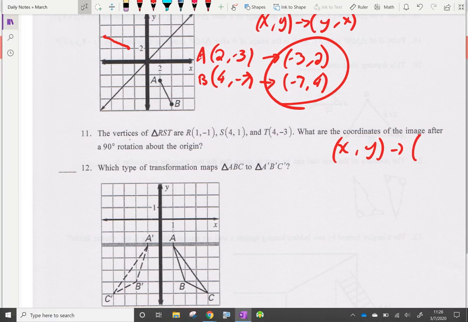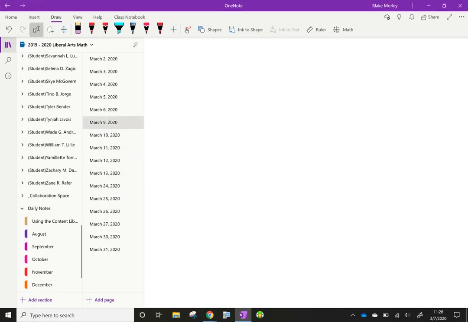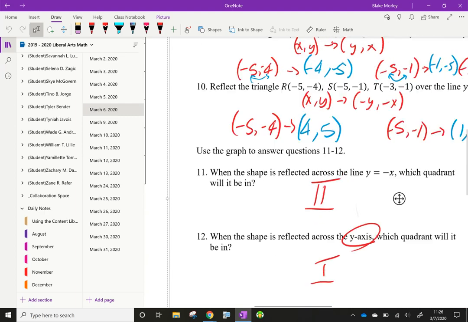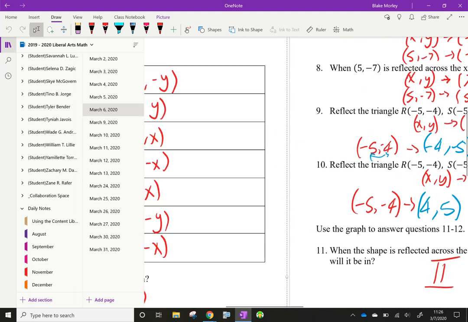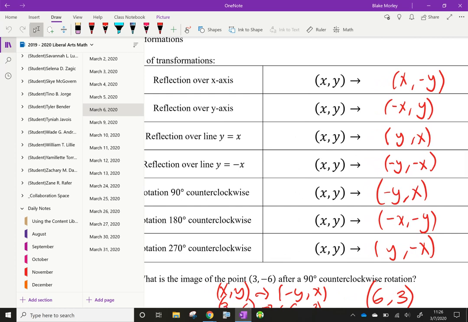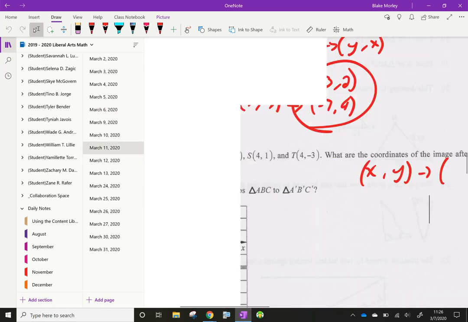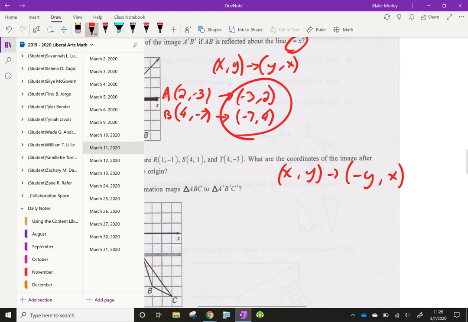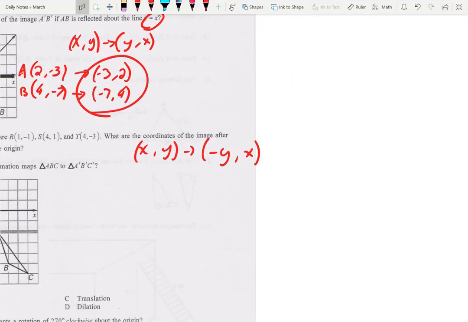Counterclockwise rule, I have to go back to my review sheet. Let me find it. Counterclockwise rule is (x, y) translates to (negative y, x). So now we just follow that rule for these points.